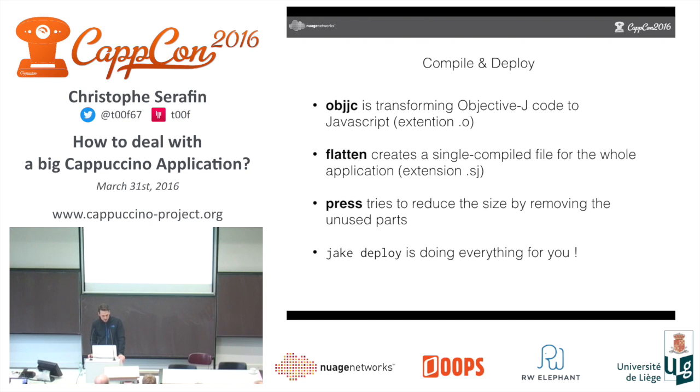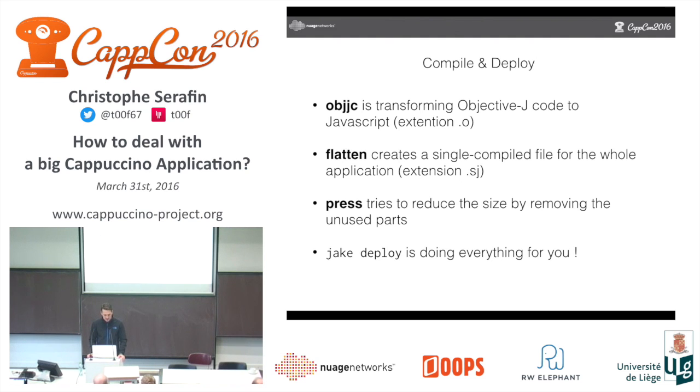And then we have press. Press takes care of reducing everything that is not used. Cappuccino comes with AppKit, Foundation, and everything. In your application, you may not use everything, which is not necessary, and press will remove this part.